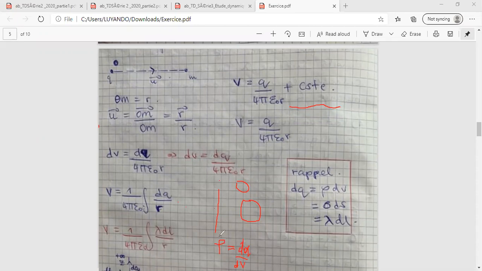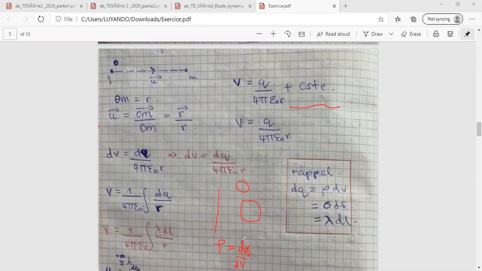So if you've been told to calculate the charge density over a certain volume, this is what we have. And the same thing if you've been given a certain surface area, we use this guy. And if you've been asked to calculate the charge density along a line, we use this symbol right here.